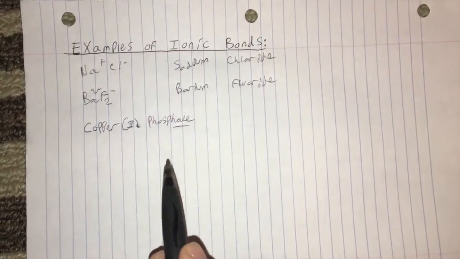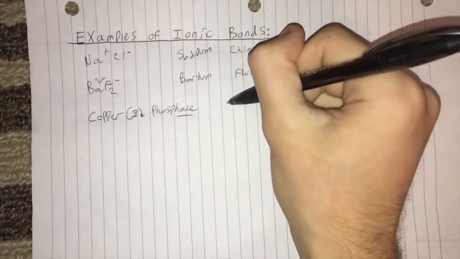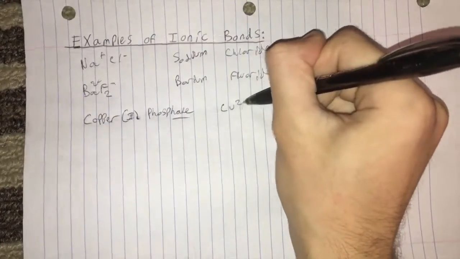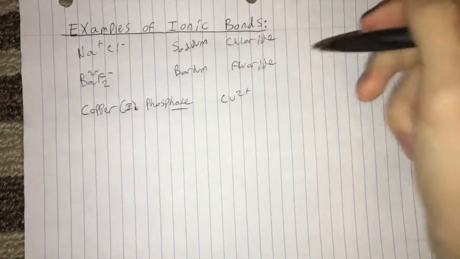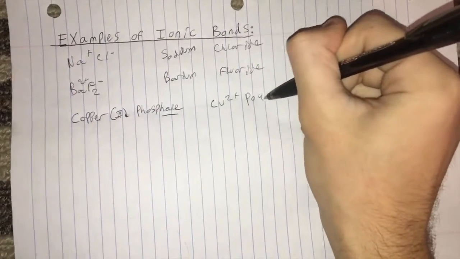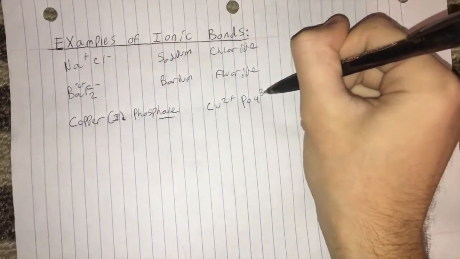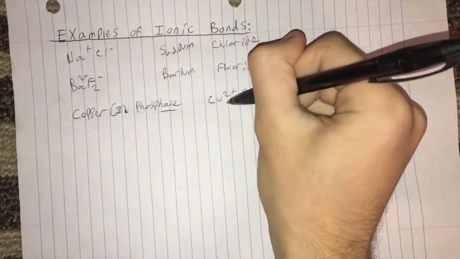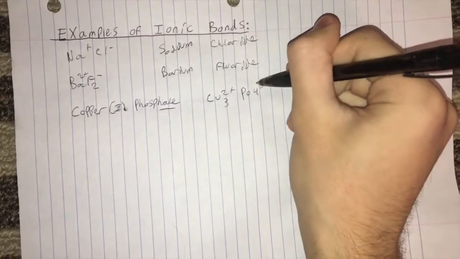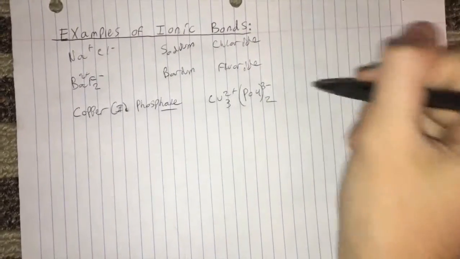So, how do we name this? First, we start with copper, which has a 2 plus charge in this case, and then we're going to write down phosphate, PO4 with a 3 minus charge. Now to cancel out the charges, we're going to have to put 3 atoms for copper and 2 atoms for phosphate.